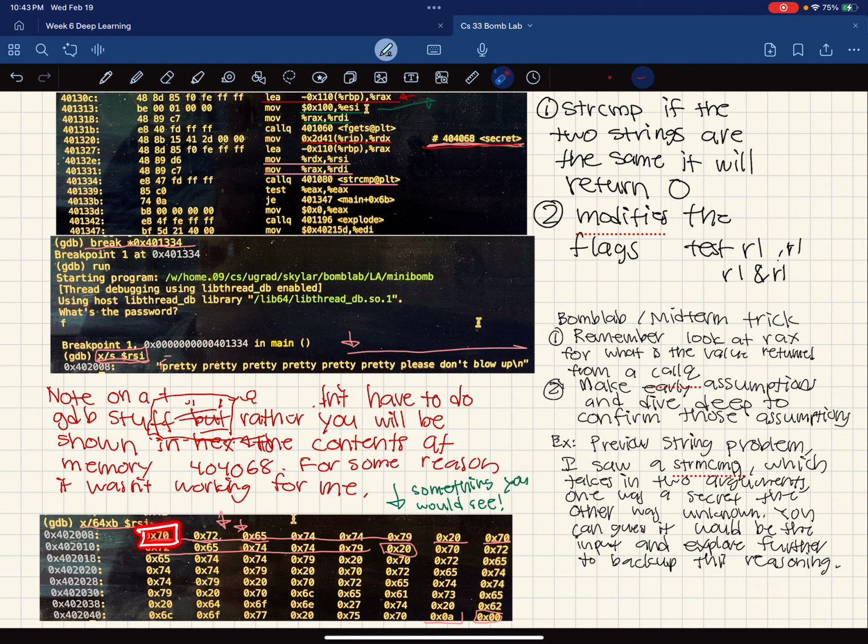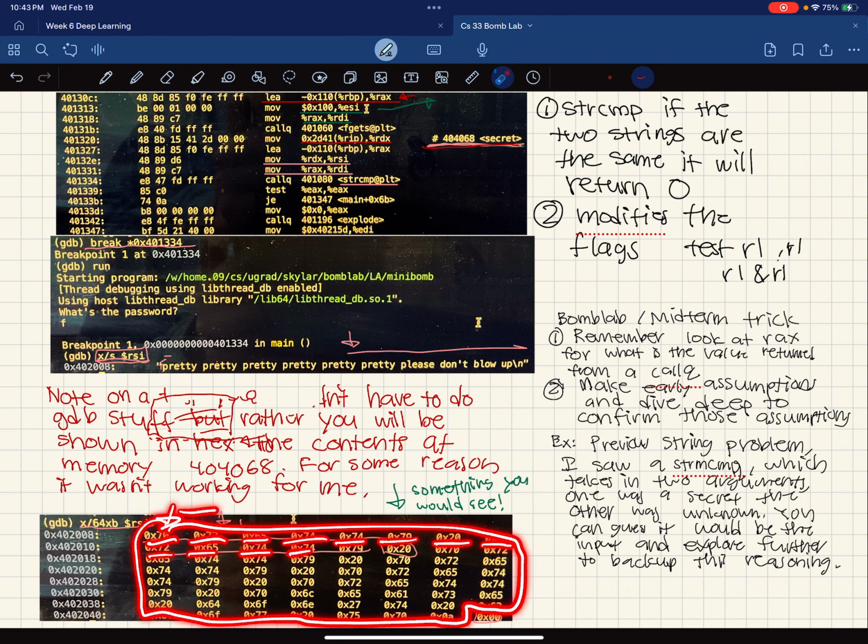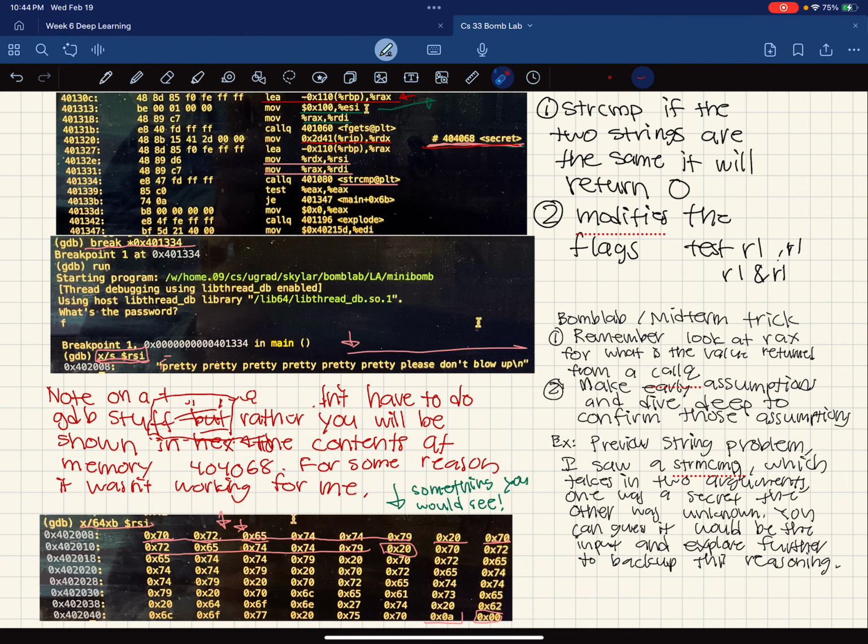So each thing is a character. A character is 1 byte, and 2 hex digits is 1 byte, because each hex digit is 4 bits. So this entire thing is one string, which starts from here. Because remember, a string is a character array, and character arrays are contiguous in memory, starting at the lower address, going to the higher address.